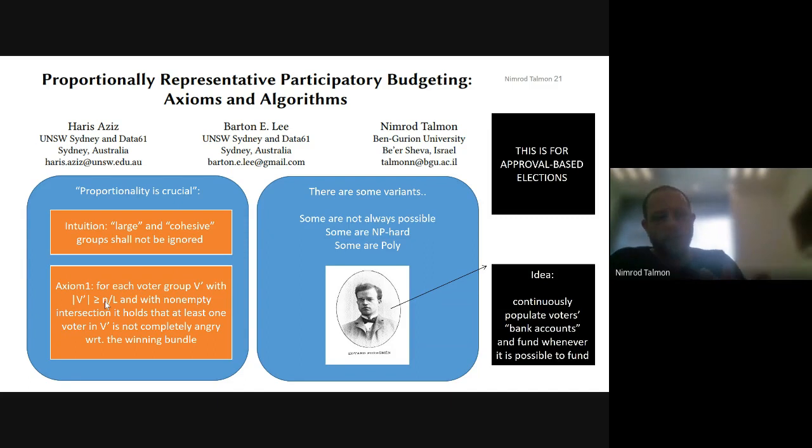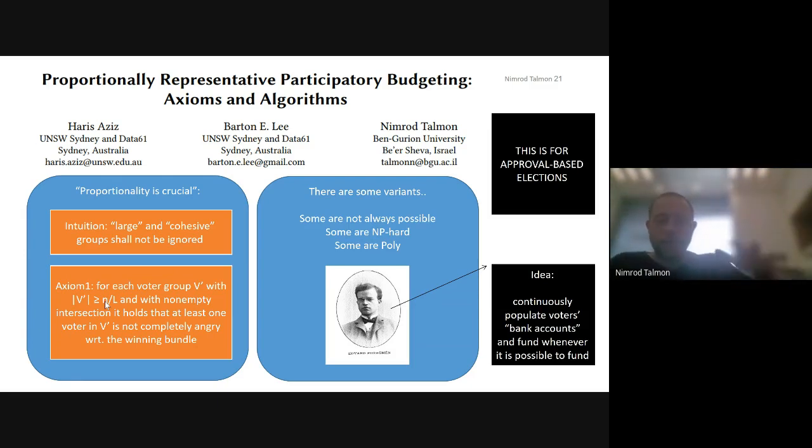So the algorithm will stop after filling all of the bank accounts with $0.50, and then it will use this money to fund this project. It will still keep the $0.50 in the bank accounts of the other voters, but it will take the money from the bank accounts of those voters that now funded this project.